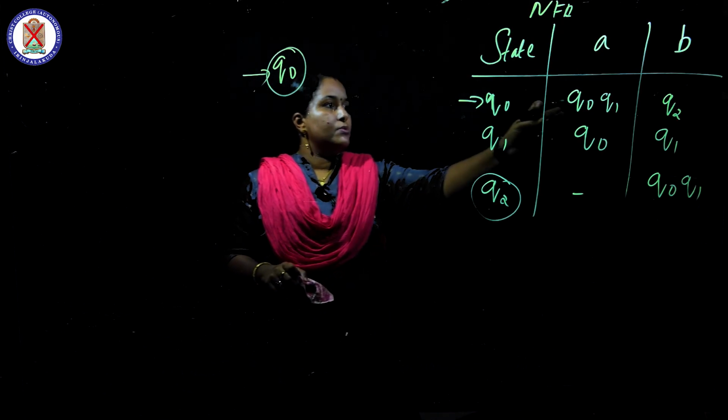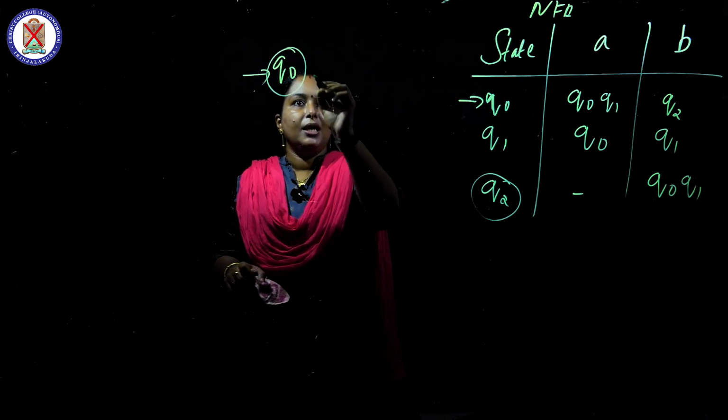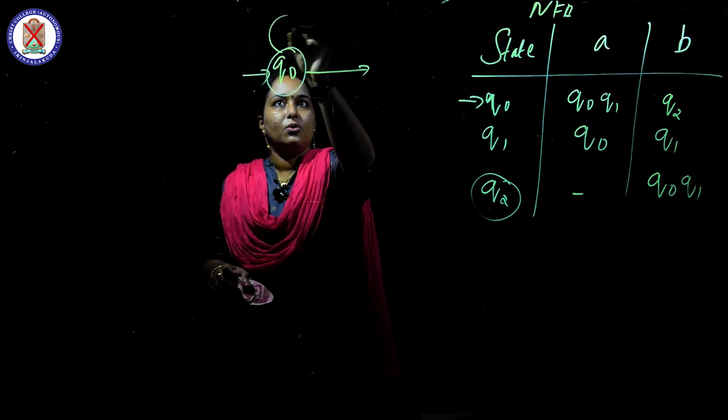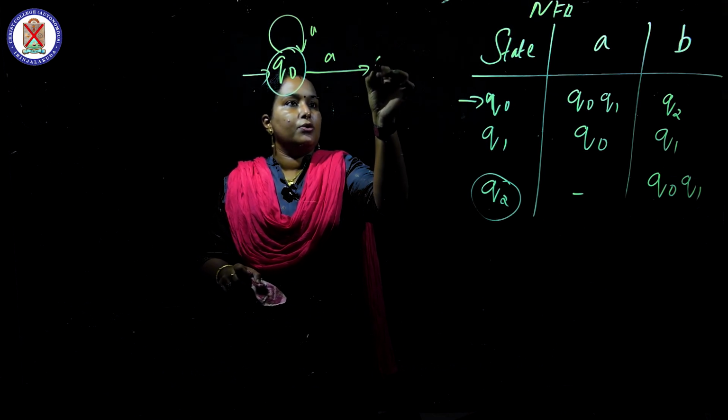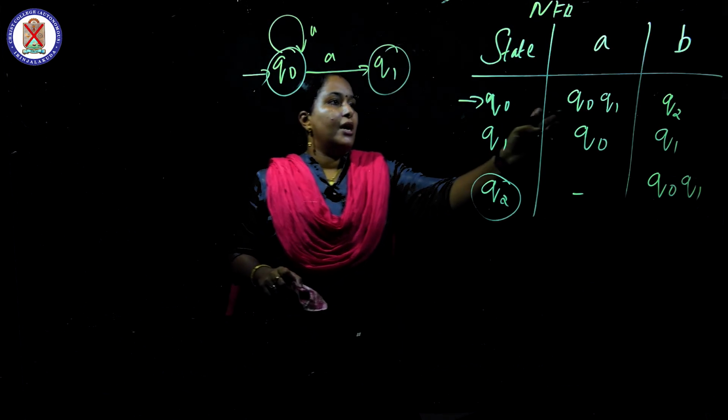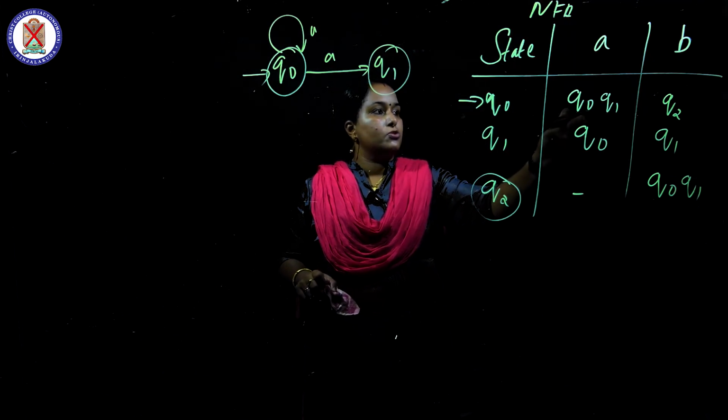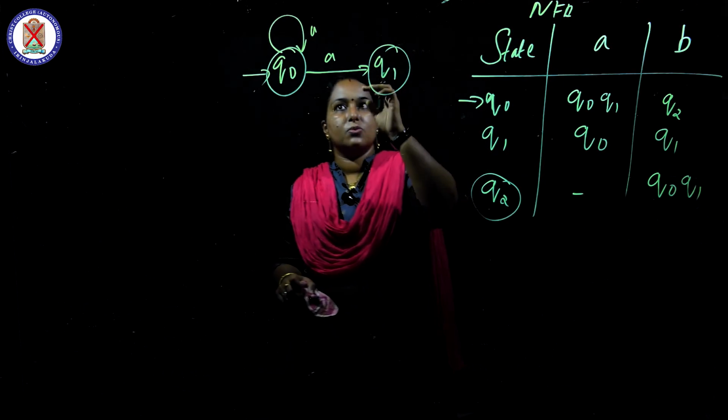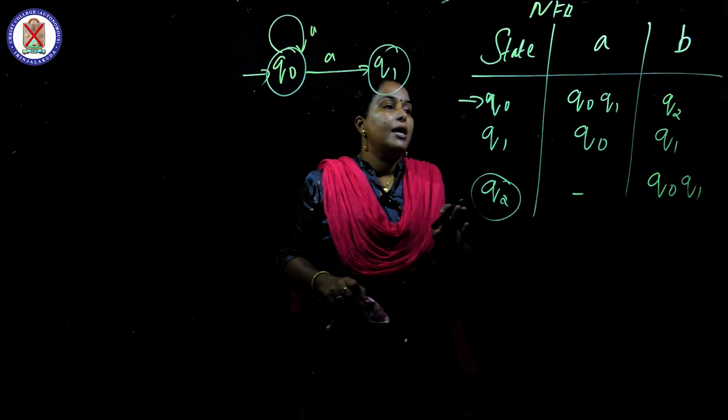From Q0 with input symbol A, it goes to Q0 itself and also Q1, isn't it? Q0 on A goes to Q0 and also Q1, so here it will become an NFA.